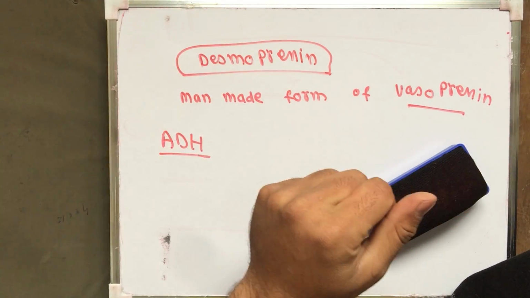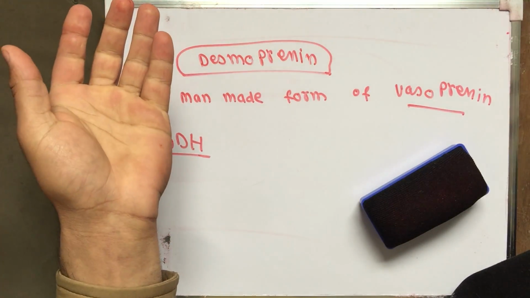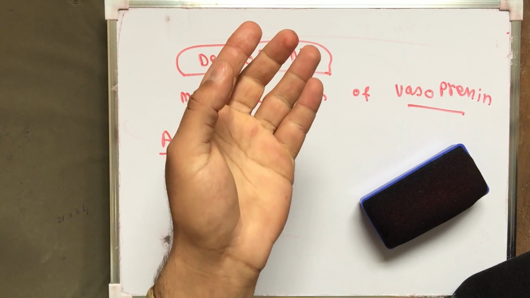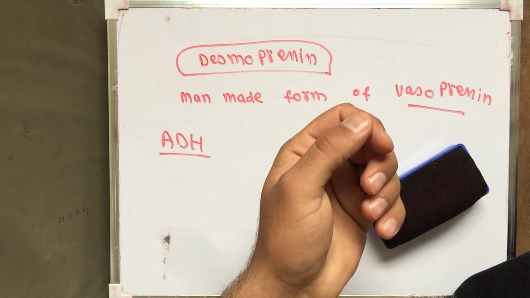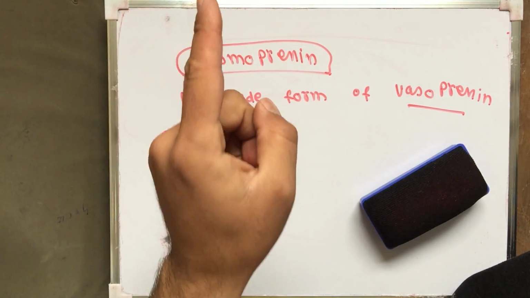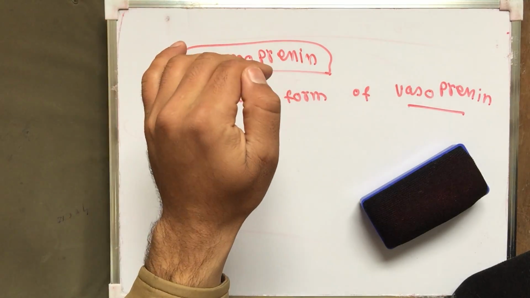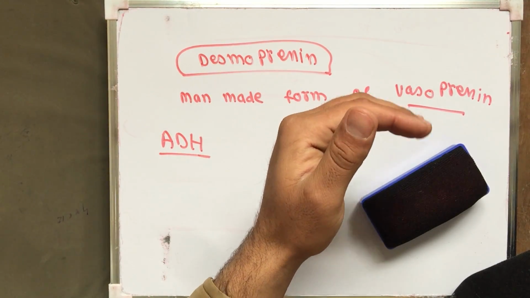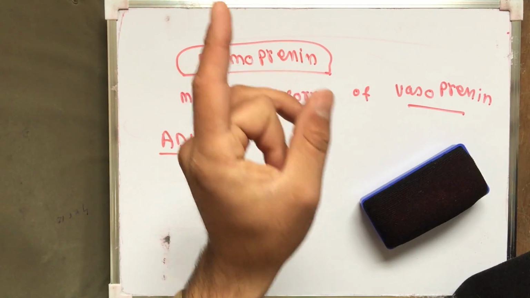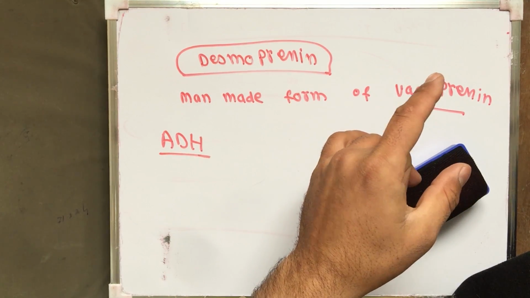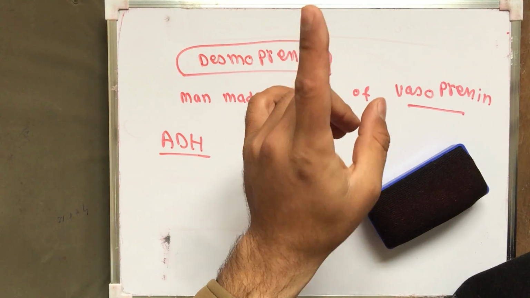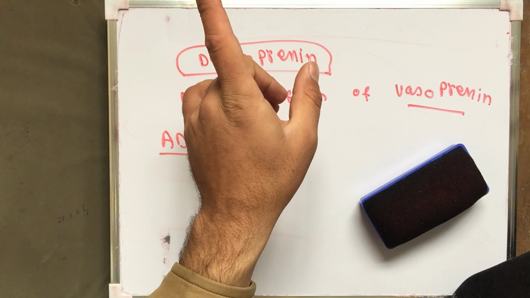Now we have another patient. We do not know whether this is cranial diabetes insipidus or nephrogenic diabetes insipidus. We use desmopressin in this patient. Now, if by using desmopressin we do not see any change, any increase in the concentration of the urine, we will think that the problem is at the level of reabsorption of water in the kidney. So we will say this is nephrogenic, because here ADH is already present.